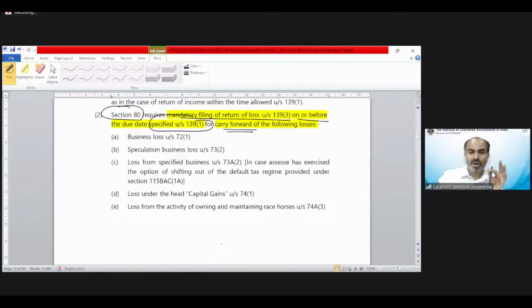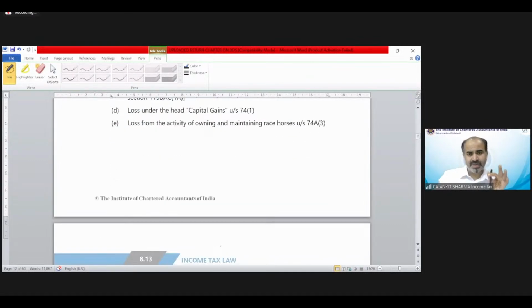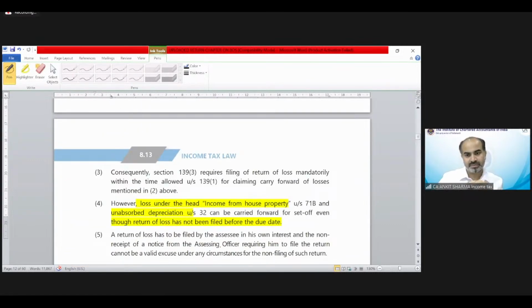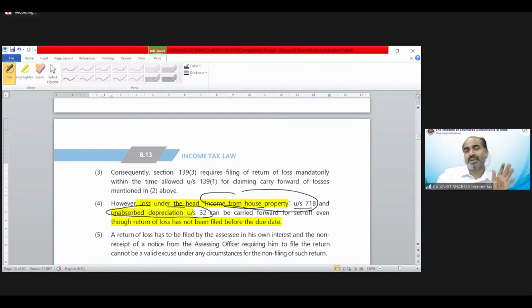And you can see all losses need this except income from house property loss. However, the loss under the head income from house property under section 71B and unabsorbed depreciation under section 32, so there are two exceptions, can be carried forward and set off even if the return of loss under section 139(3) has not been filed before the due date.